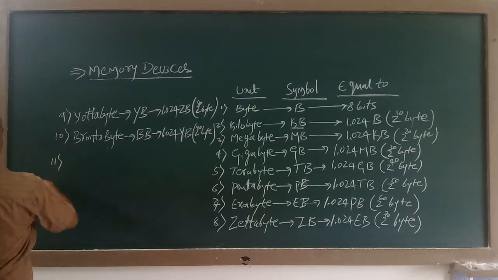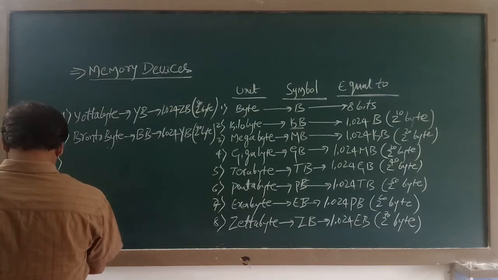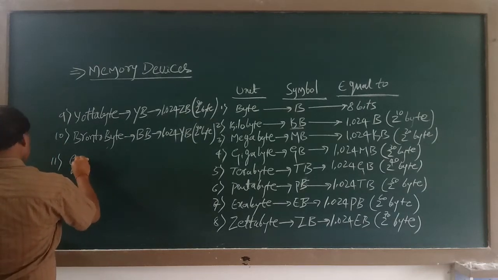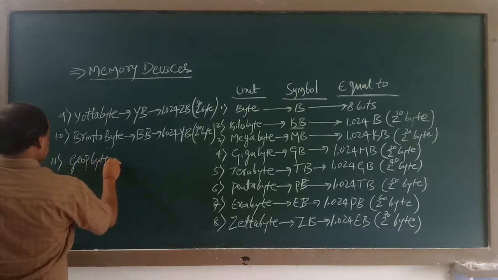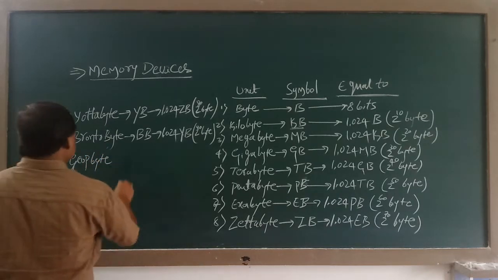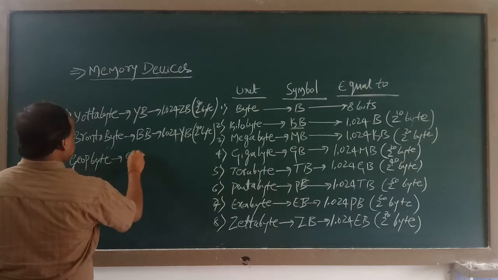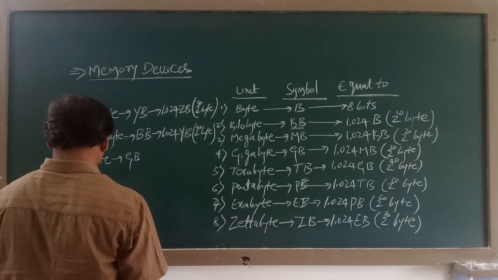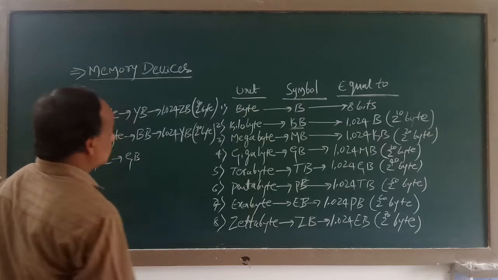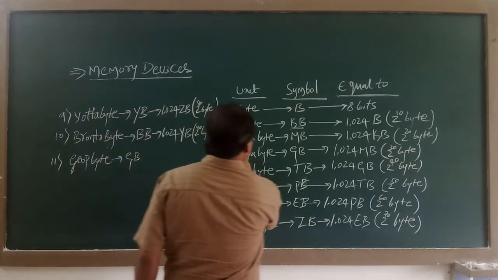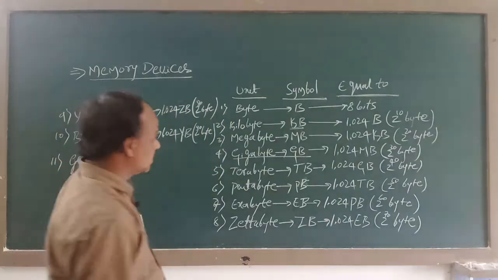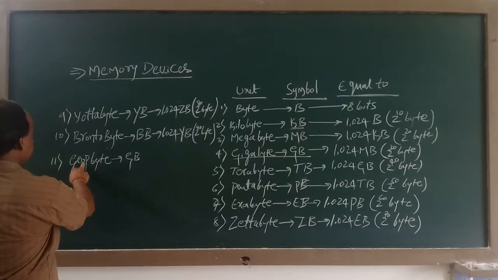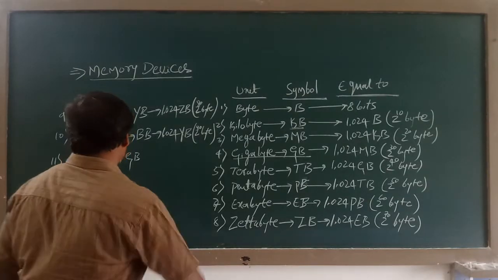And next we can write geobyte. You see here, the fourth one, gigabyte, is already indicated by capital GB, that's why here its symbol is not GB, because GB is already there.